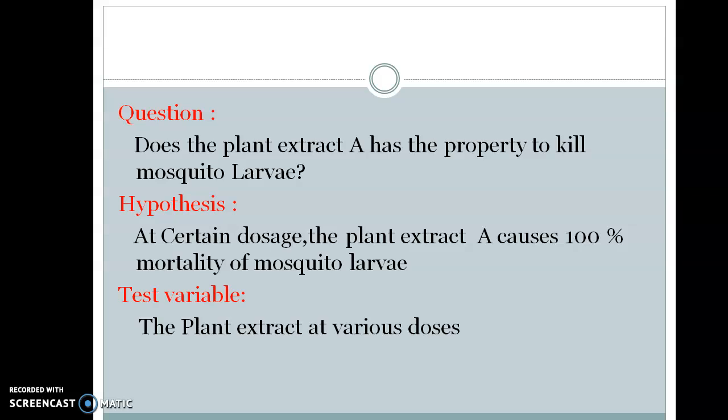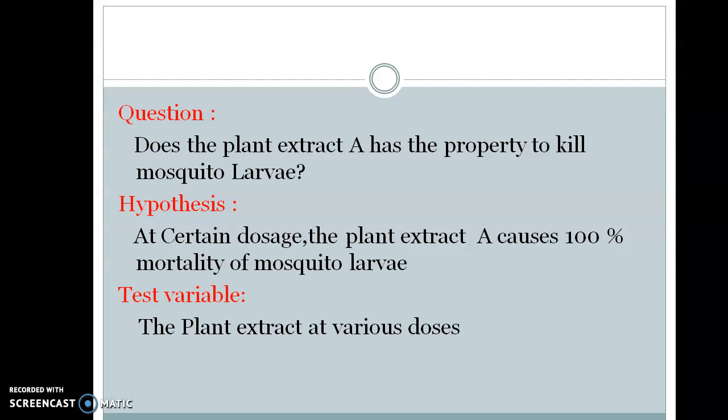So here, what is the variable that we are planning for this experiment? Yes, a particular dosage of the plant extract. And what we are expecting is that it will cause mortality or death to the mosquito larvae.